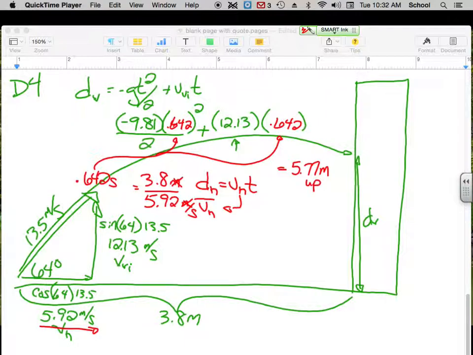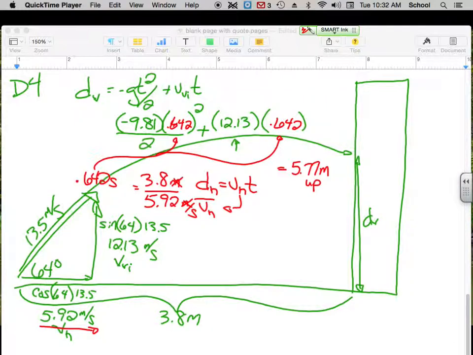Because I got a positive displacement there. Is that what you got, Ricky? That part, yes. And I didn't do the angle. Alright. So we got that part going for us, which is nice.